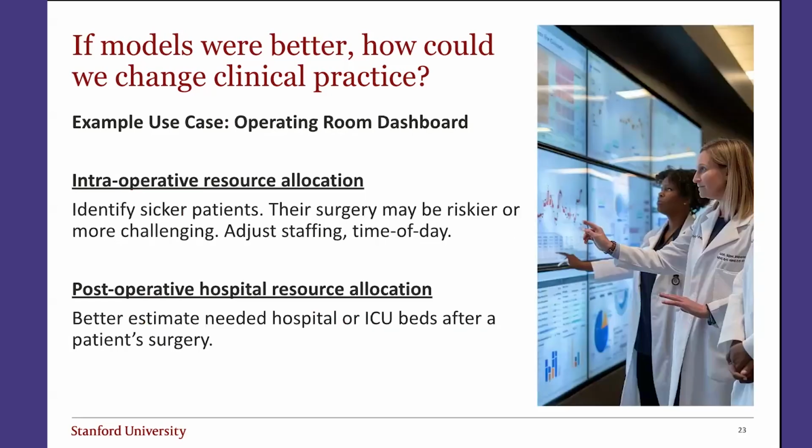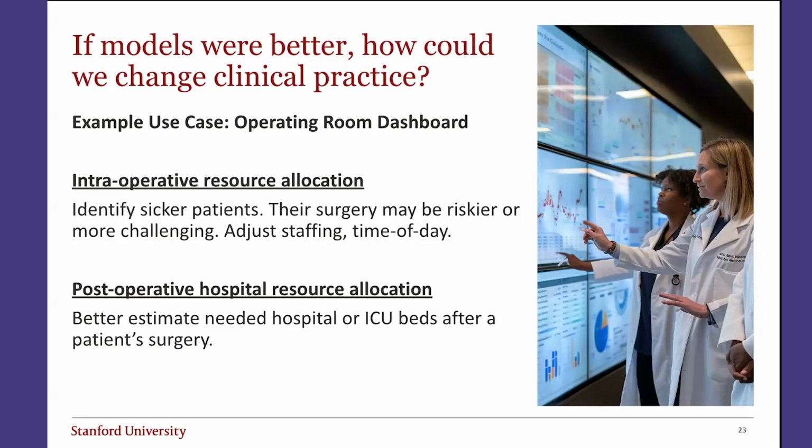In the operating room, you can imagine if we were able to risk stratify our patient population, we can change our resource allocation in the operating room. If we identify sicker patients, we can allocate more clinical resources. We can reschedule their surgery so that it happens first case in the morning rather than 5 p.m. in the evening, when most of the hospital is going home.